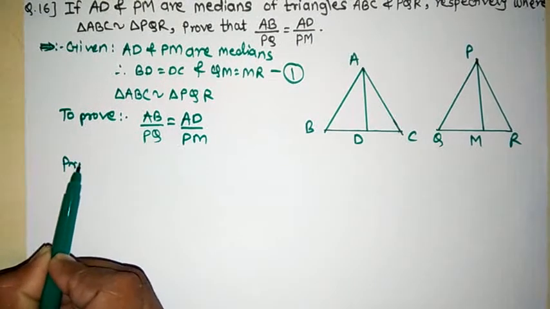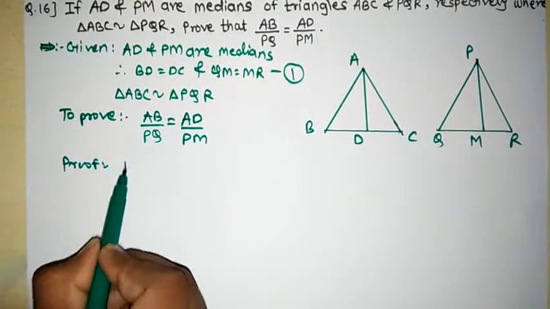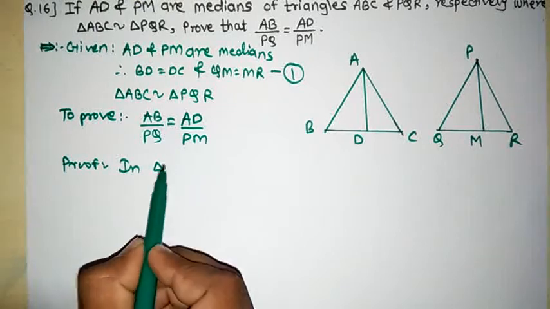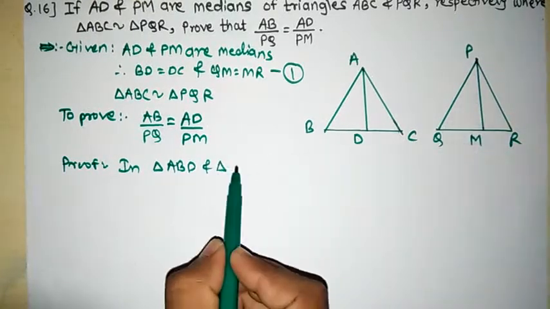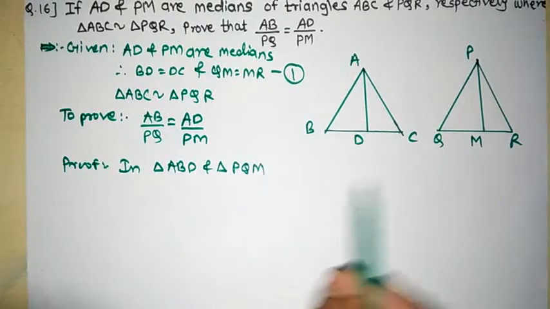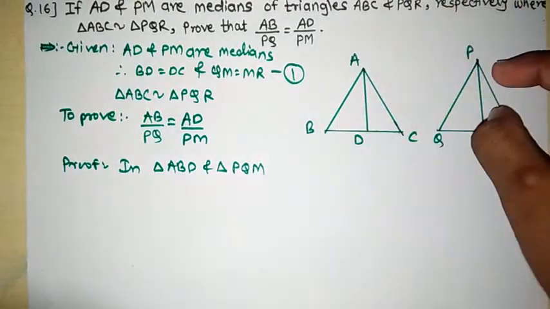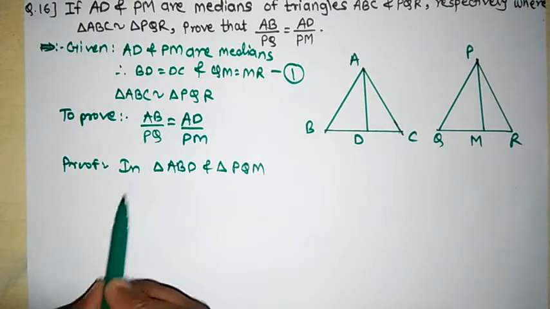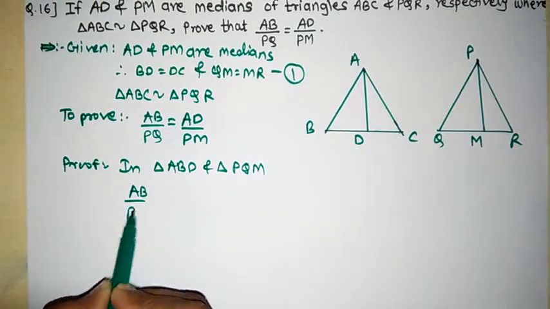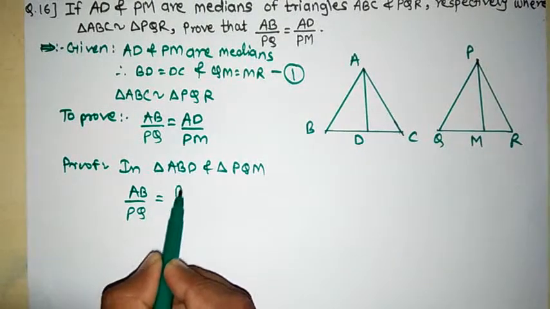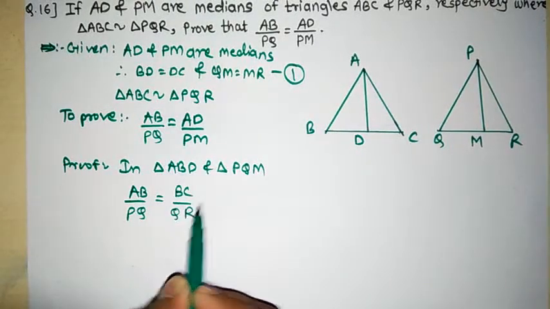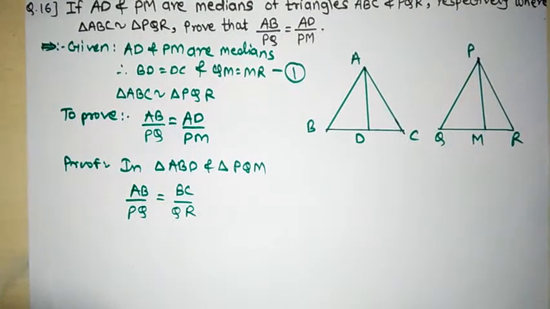Proof. In triangle ABD and triangle PQM, in these two triangles, AB by PQ is equal to BC by QR. We know this.